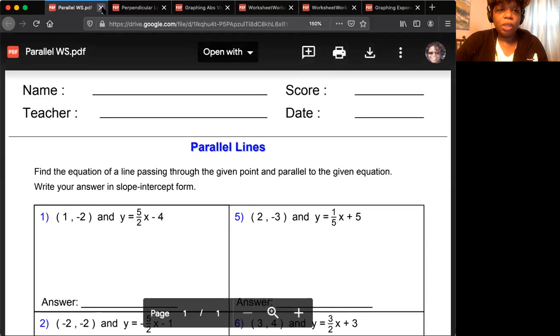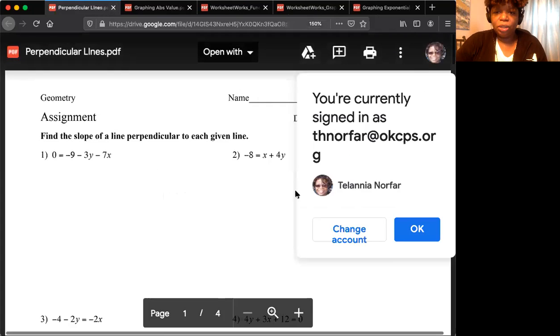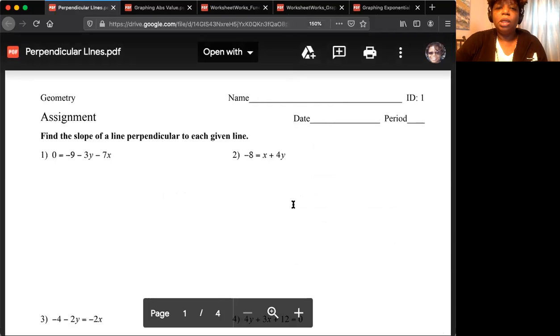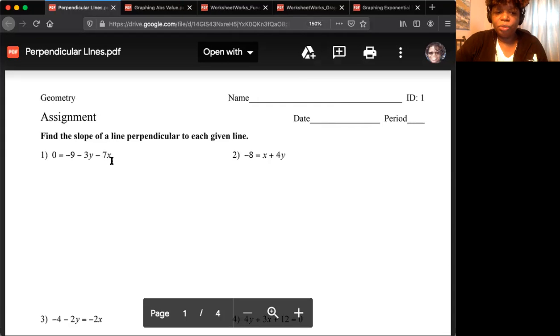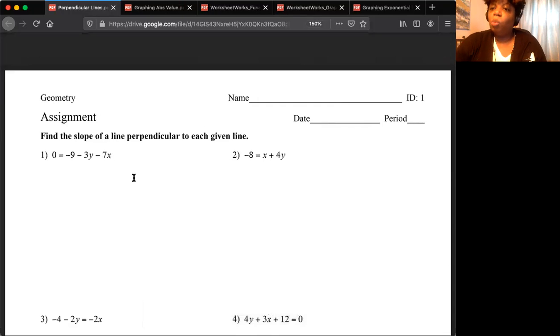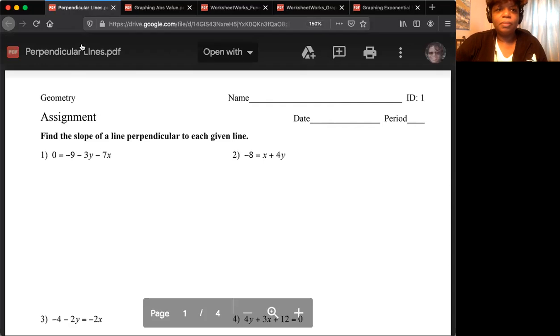You also will have a perpendicular example. So in this particular one, we're wanting just the slope of the line perpendicular. So I need to actually convert these equations into y equals mx plus b format, and then say what the slope would be that's perpendicular. And that's your geometry packets.